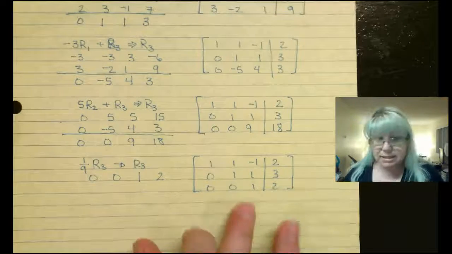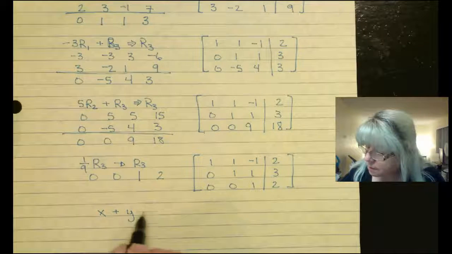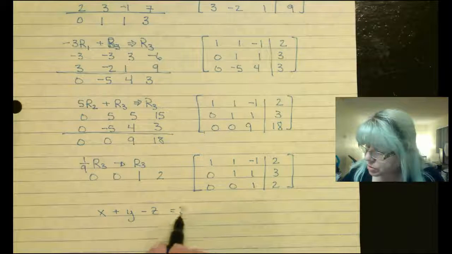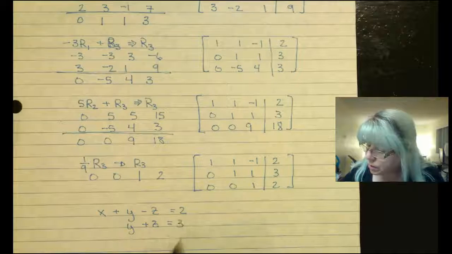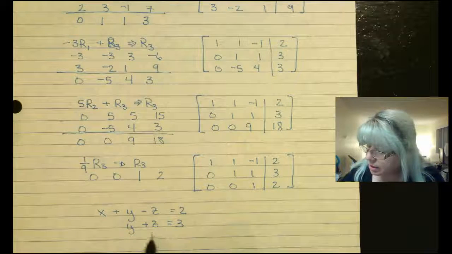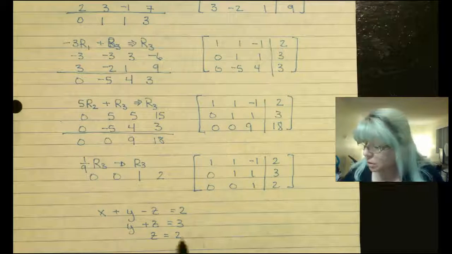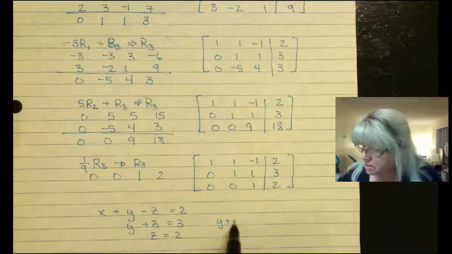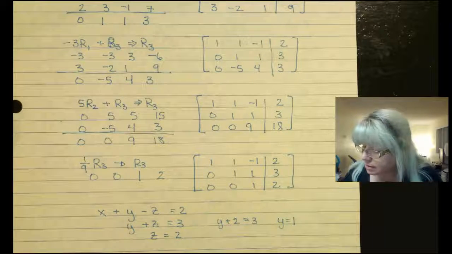Here's what this means. This means x plus y minus z equals 2. That's the first row. Second row, y plus z equals 3. Third row, z equals 2. Well, if z equals 2, then y plus 2 equals 3, meaning y equals 1, right?